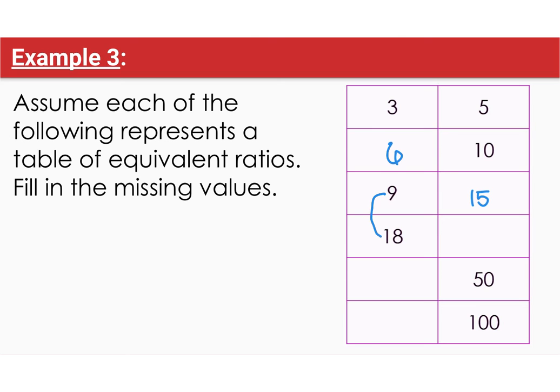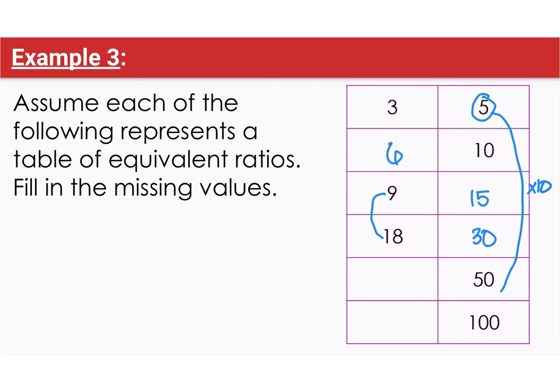Here, I can see 9 times 2 is 18. So I can do 15 times 2, which is 30. For the 50, we can go back to the original 5 and see that's times 10.